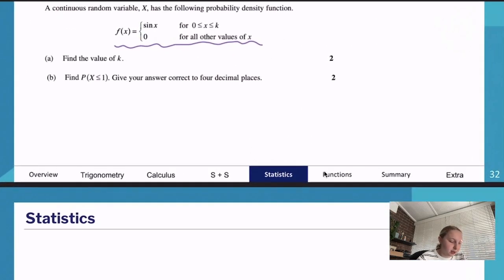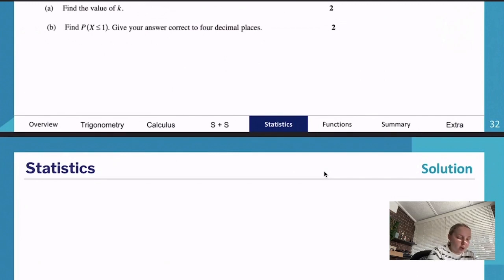If we know this is a probability density function, we know that when we integrate it, we're going to get an area of 1, because that is one of the properties of our PDFs. So we can say that between k and 0, the integral of sine x dx is equal to 1.